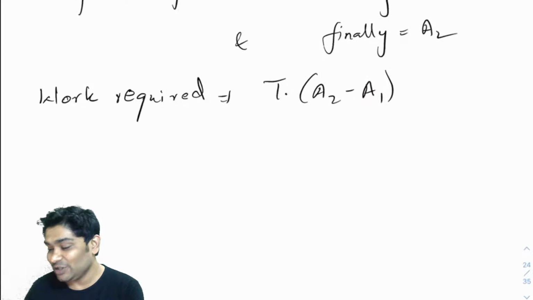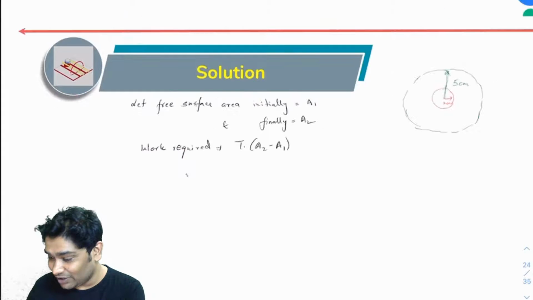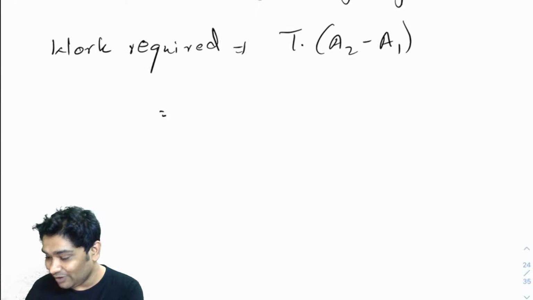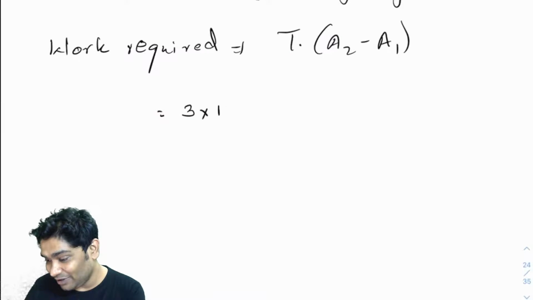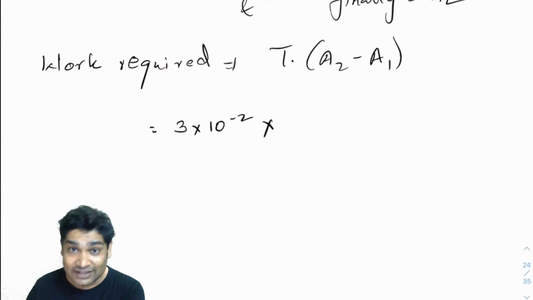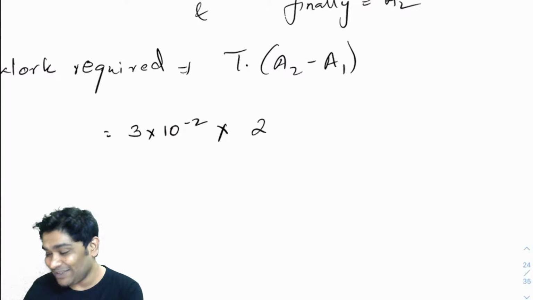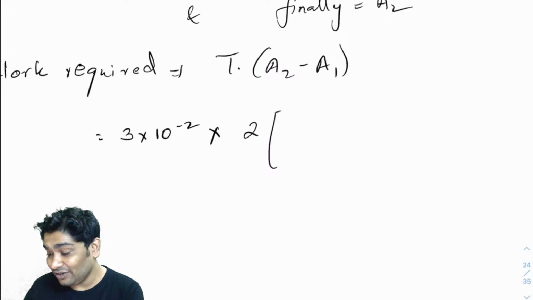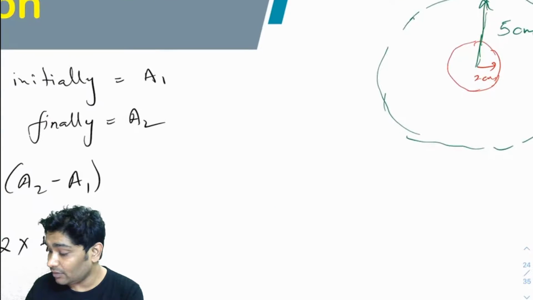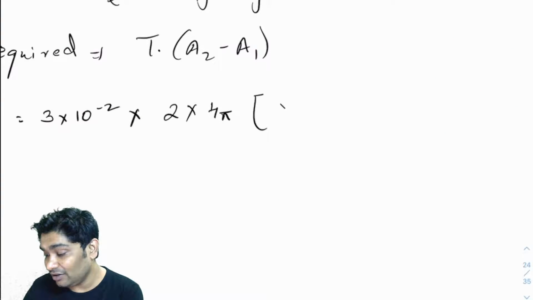So work required would be surface tension, which is 3 into 10 to the power minus 2, into the surface areas would be 2 times. So 2 times 4 pi (r2 square minus r1 square), that would be 5 square minus 2 square over 100 square.